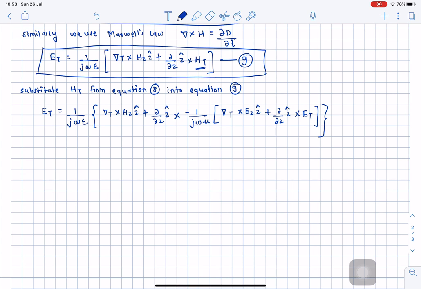Now we simplify this equation further and rearrange the terms. We will solve both sides, take the multiplication and simplify.